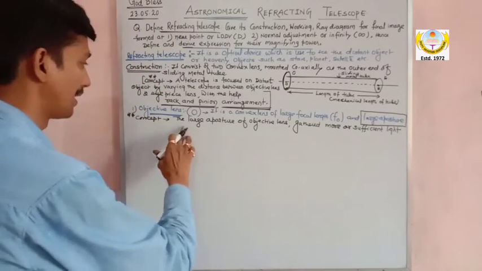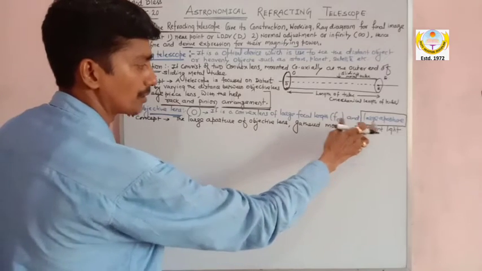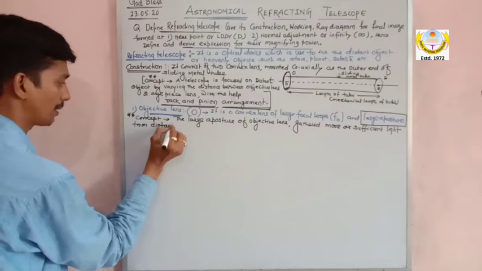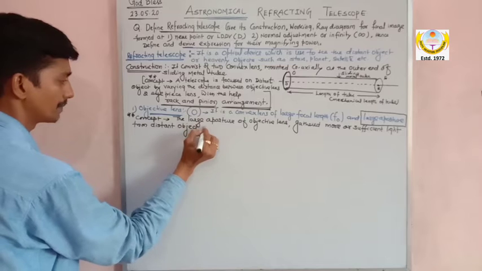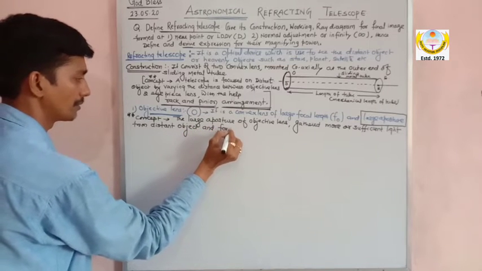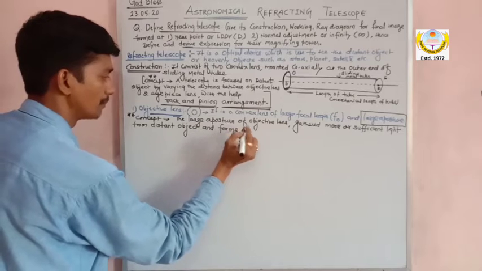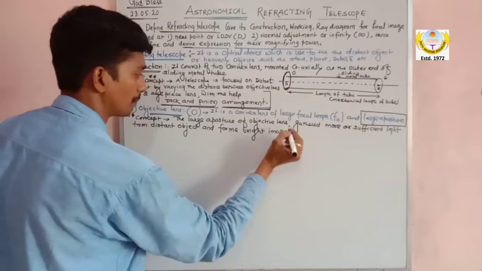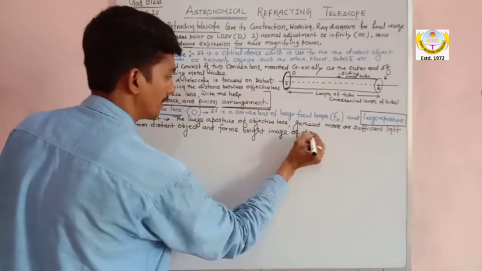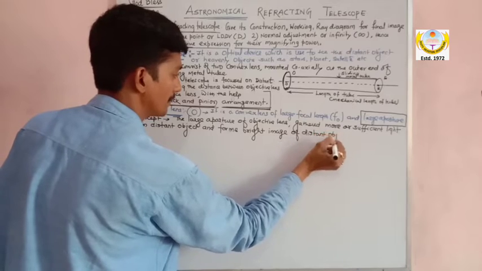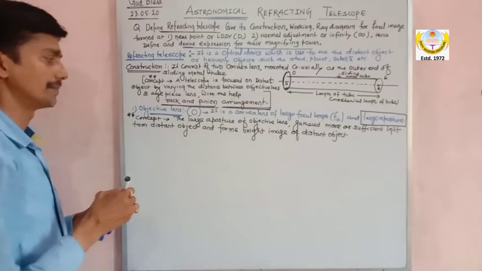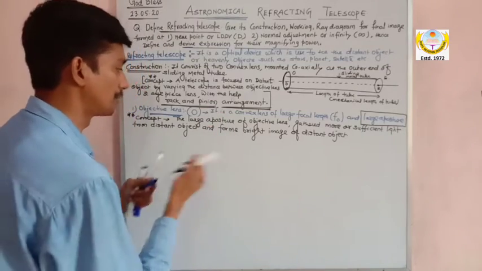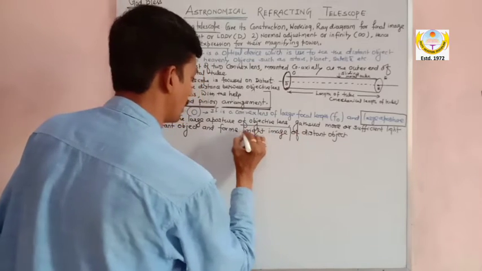So, my dear, the large aperture of the objective lens gathers more or sufficient light from the distant object and forms a bright image of the distant object.